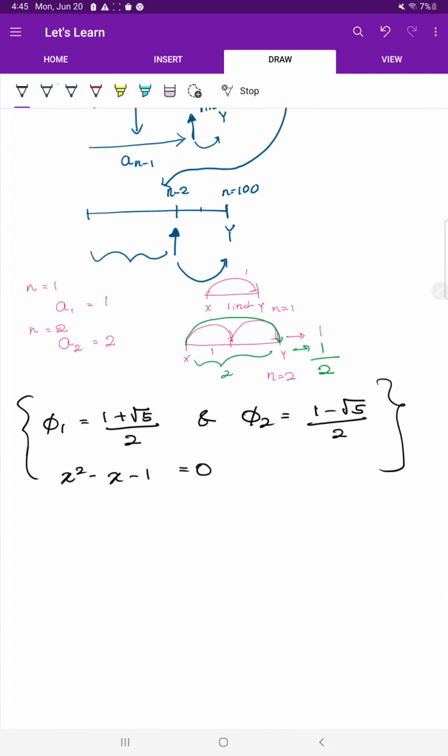So a_n is going to be c_1 phi_1^n plus c_2 phi_2^n for all n greater than or equal to 1. The constants c_1 and c_2 are such that a_1 equals 1 and a_2 equals 2.